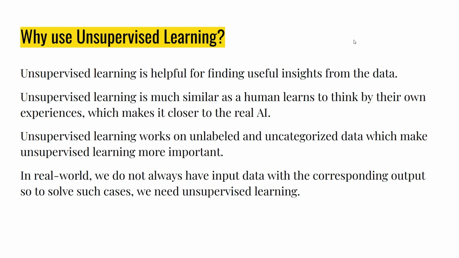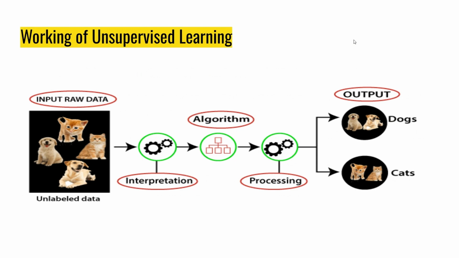Unsupervised learning works on unlabeled and uncategorized data, which makes it more important. In the real world, we do not always have input data with the corresponding output, so to solve such issues, we need unsupervised learning. Now we will see the working of unsupervised learning.